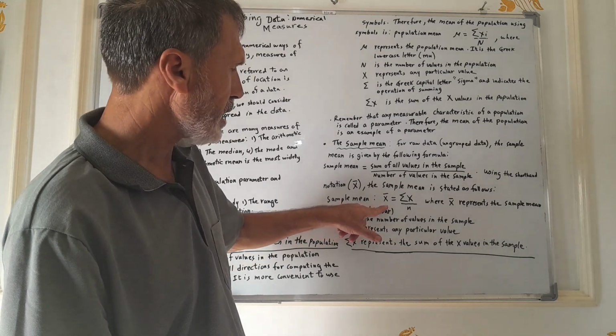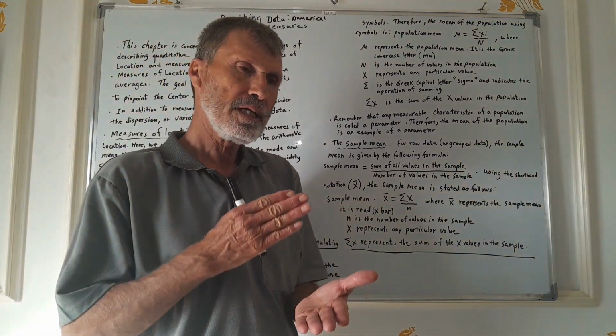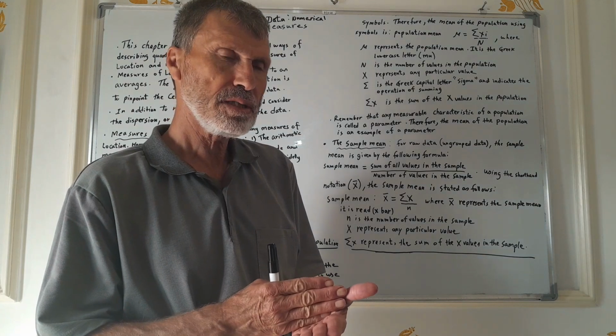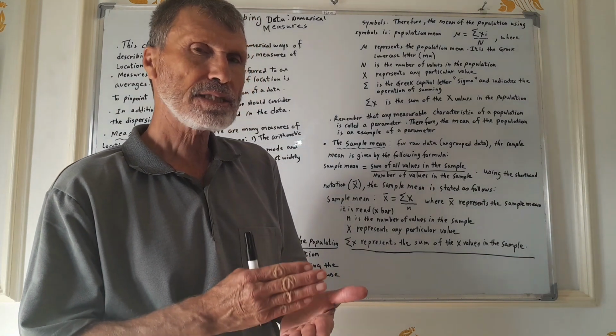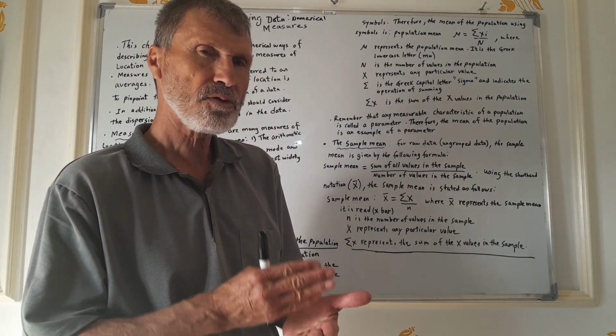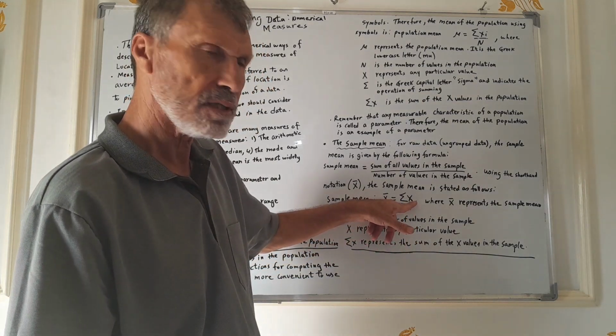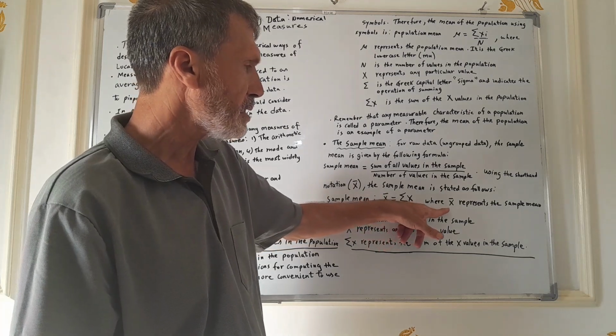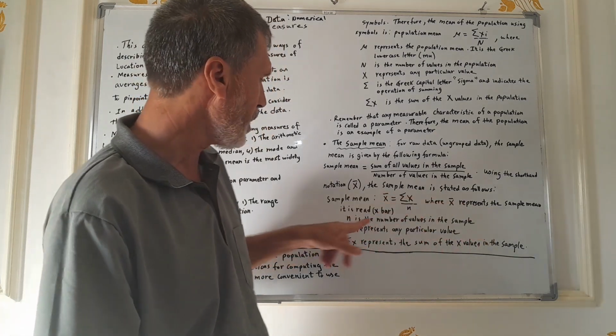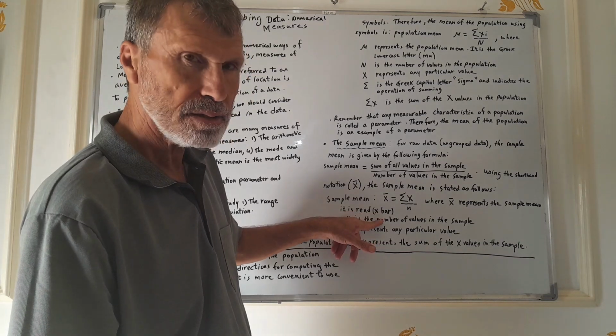So we are going to refer to the sample mean by writing x bar. X bar stands for the sample mean, which is equal to the summation of x over n, where x bar represents the sample mean. It is read x bar.